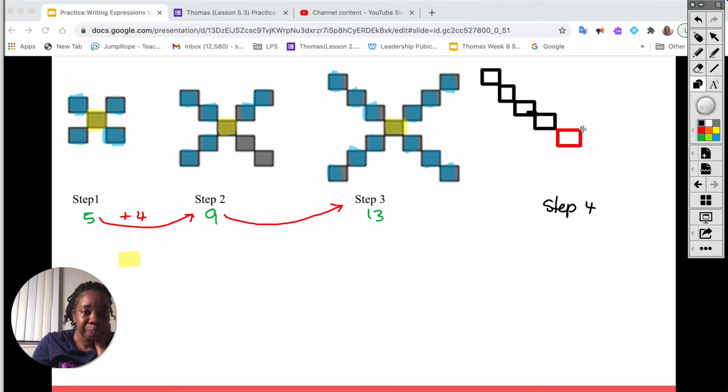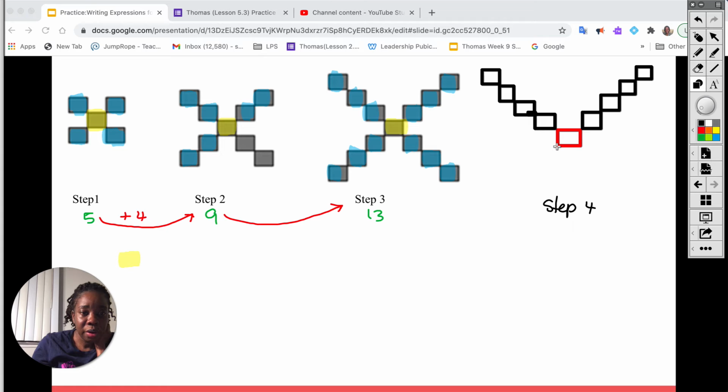Let's go again: 1, 2, 3, 4 from the next corner.